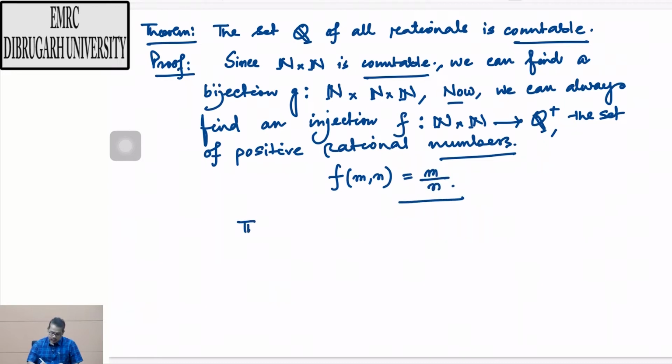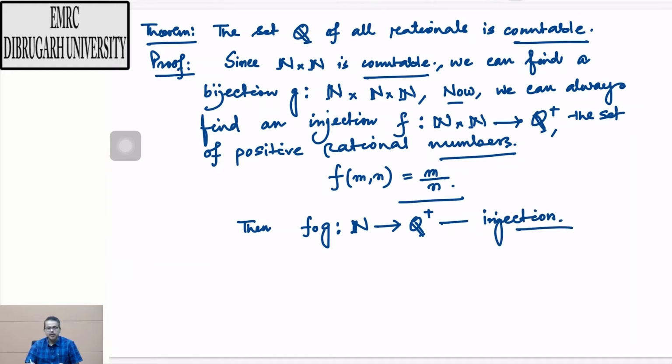Then F of Z is an injection from N to Q plus, and thus Q plus is denumerable.